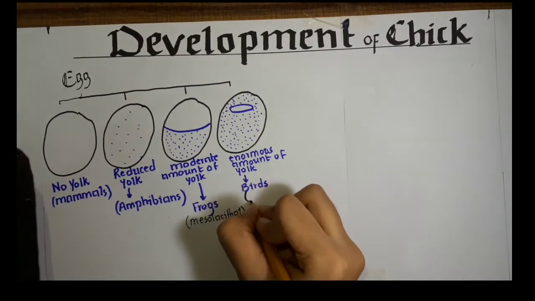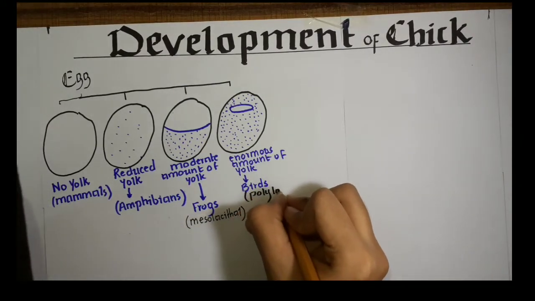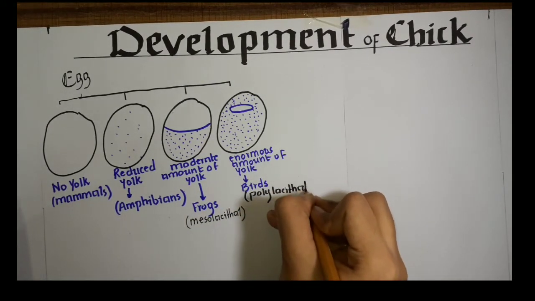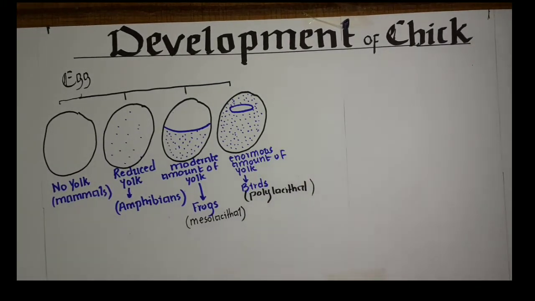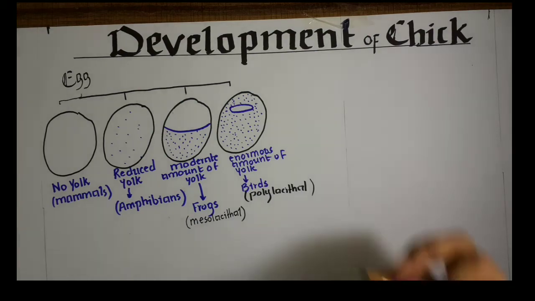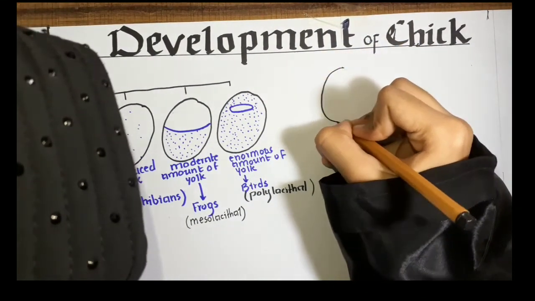The type of egg of frog is called mesolecithal, and the type of egg of hen is called polylecithal, having an enormous amount of yolk. Poly means many.